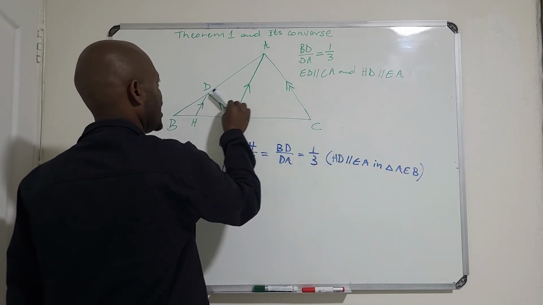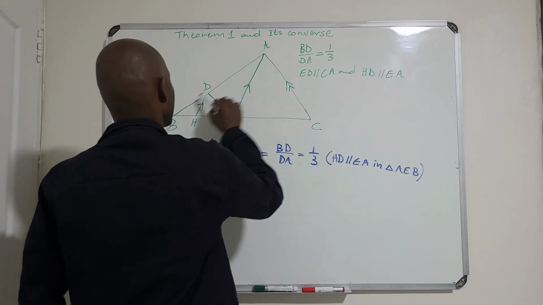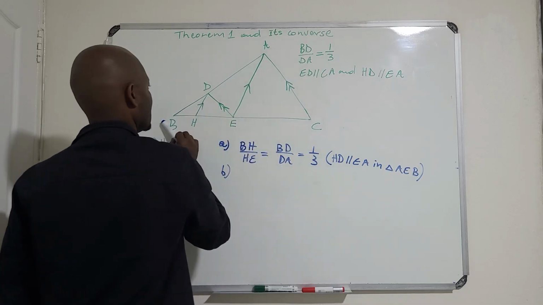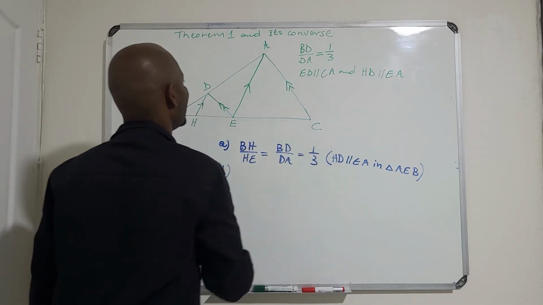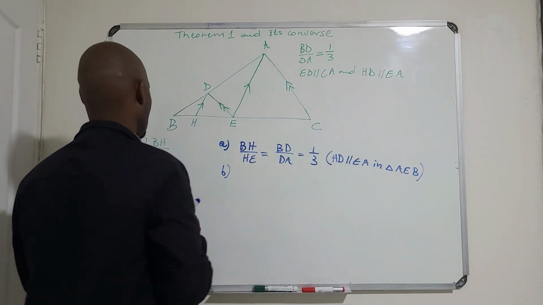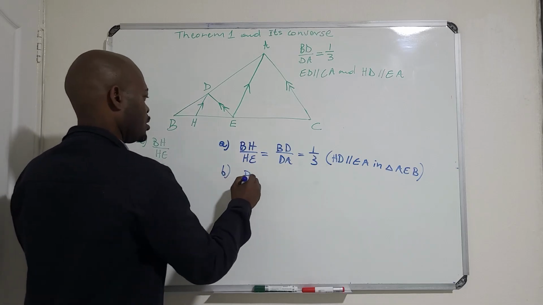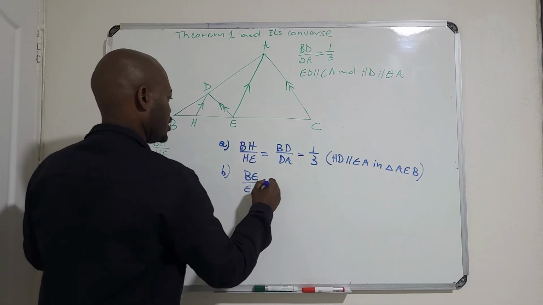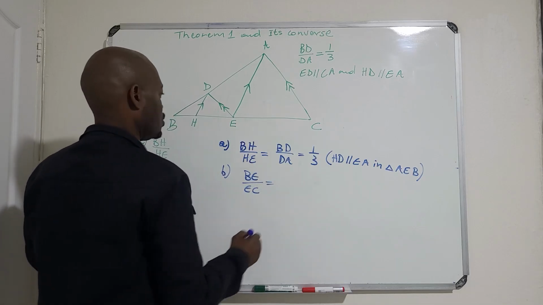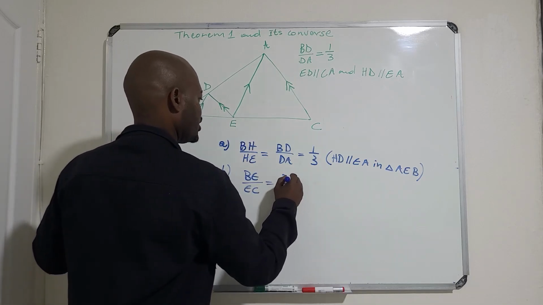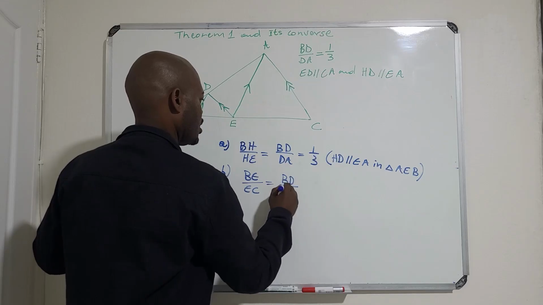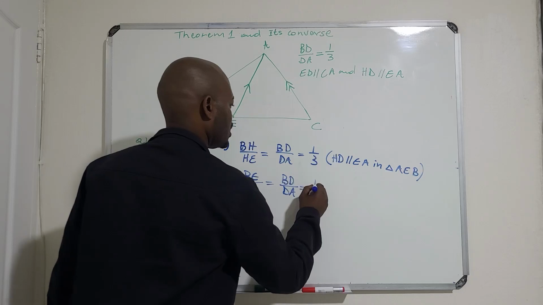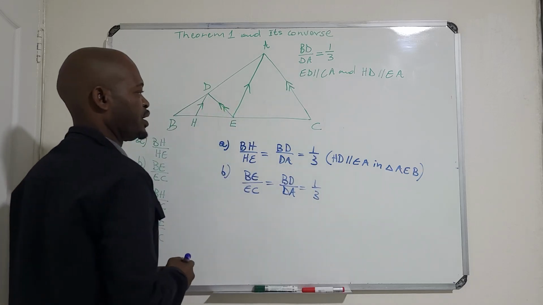Therefore, this line is going to divide this side and this side in the same ratio. Therefore, BE over EC is equal to BD over DA, which is equal to 1 over 3.